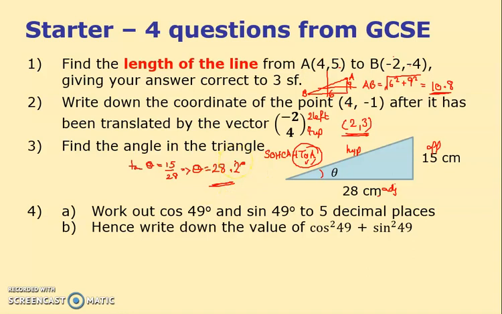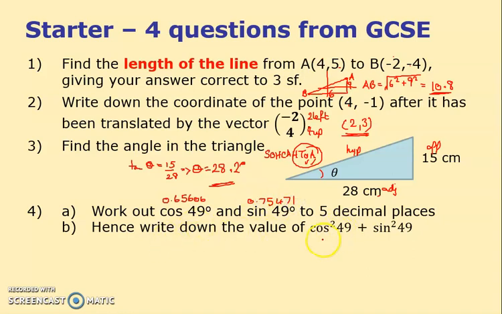Now it says work out cos 49. Cos 49, I get 0.656. It wants 5 decimal places, so 0.65606. And do sine 49 as well, which is 0.75471.